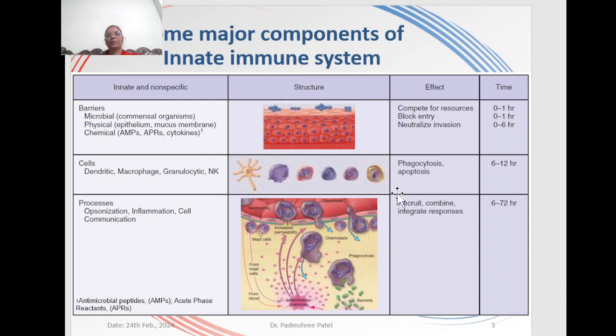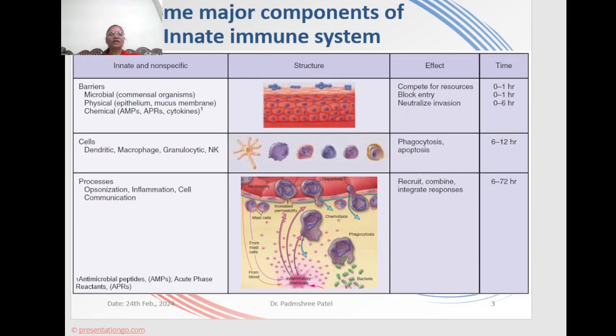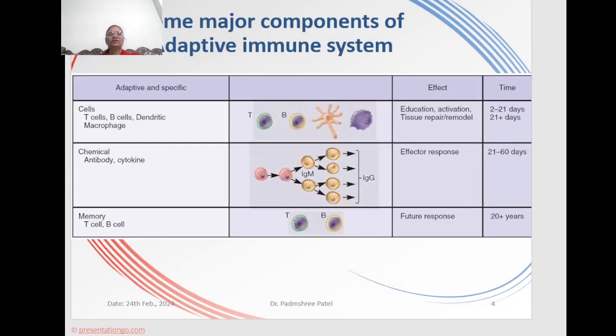In this way, they recruit more immune cells to the site of entry of the pathogen, and they combine with the second line of defense and give an integrated response so that invaders can be made non-effective.